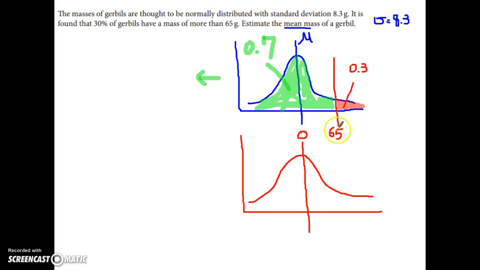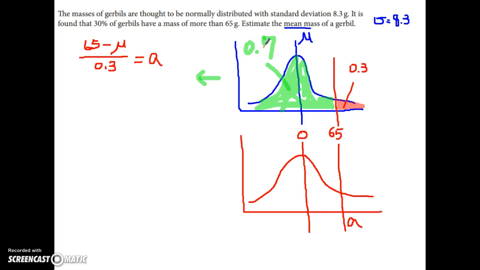And all we have to do for this 65 is convert it. So it would be 65 minus the mean divided by 0.3. And that, for example, let's say that is the value of A. Just say this is equal to A.